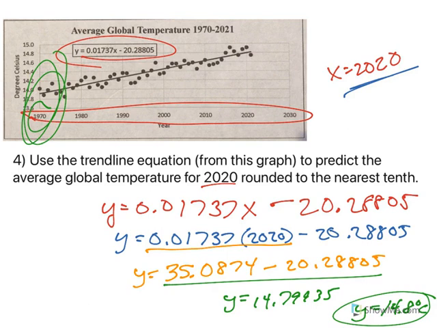So over 2,000 years ago, the average global temperature in this equation would have been negative 20.28805 degrees Celsius. That doesn't make any sense, right? So that's where the whole, do I use zeros, do I use years, comes in. It's all really based on how you see it and how you like it. But mathematically, it works out the same.